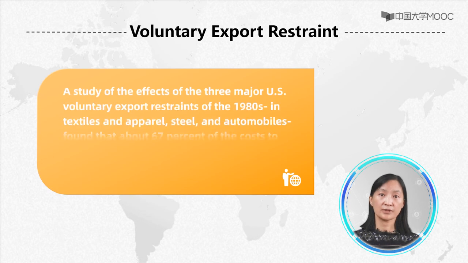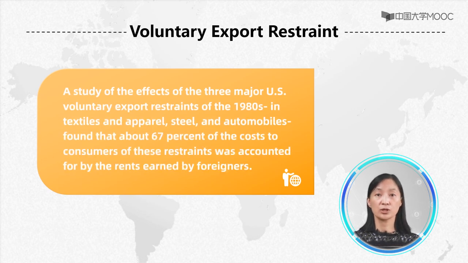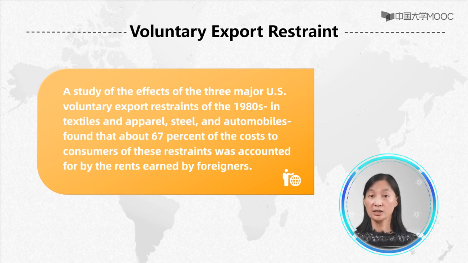A study of the effects of the three major U.S. voluntary export restraints of the 1980s in textiles and apparel, steel, and automobiles found that about 67% of the cost to consumers of these restraints was accounted for by the rents earned by foreigners.